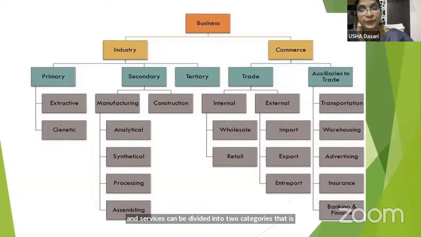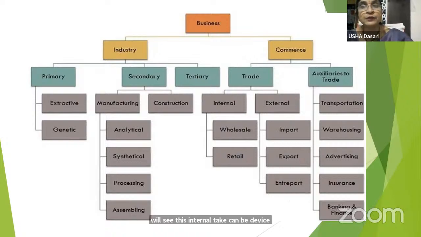What is internal trade? Internal trade means the purchase and sale of goods and services inside the country. That means buying or selling of goods and services takes place within the geographical boundaries of the country. This internal trade can be divided into two types: wholesale trade and retail trade.